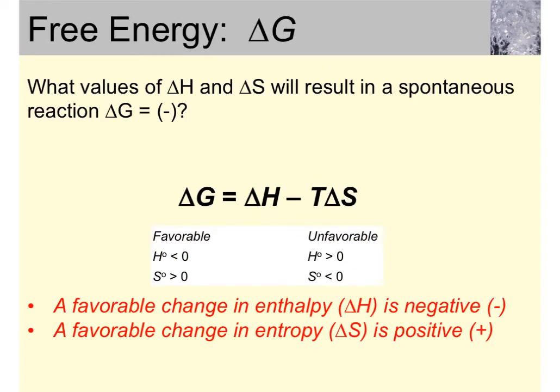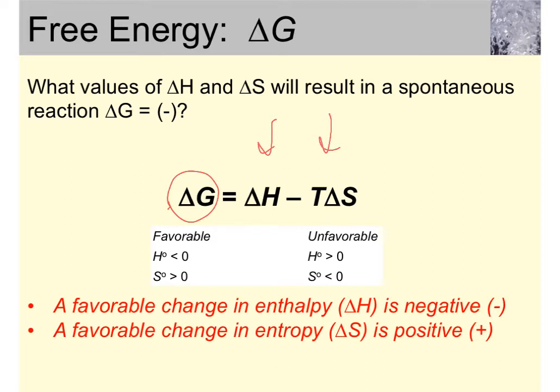So here is the heavy conceptual part of this lecture. This is going to take some brain energy. You might have to listen a couple of times. There are all sorts of combinations mathematically that you're going to have to deal with to determine if a reaction is spontaneous or not. You will not always be given numbers.